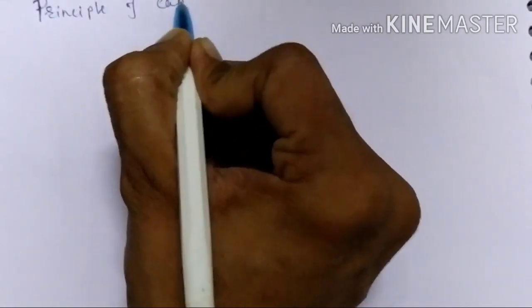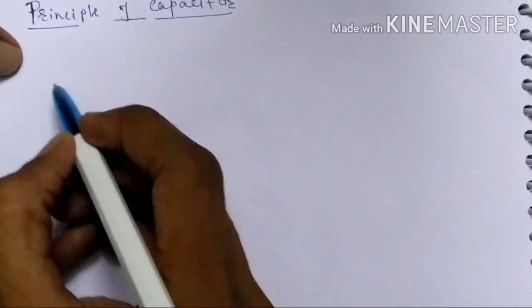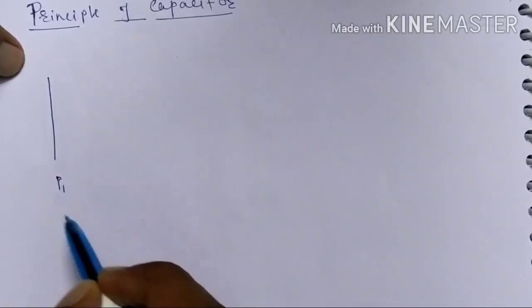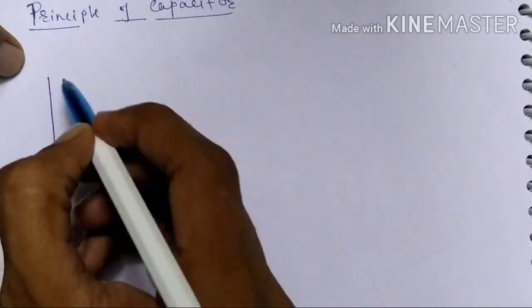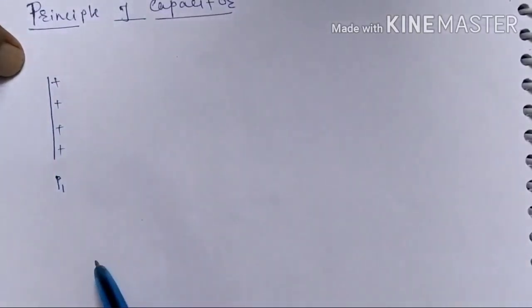Okay, now the principle of a capacitor. Suppose a metal plate P1. We provide a plus Q charge to the metal plate P1.